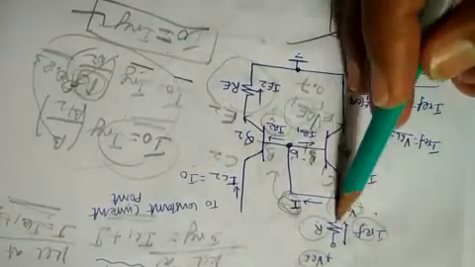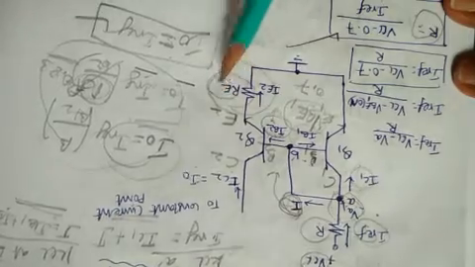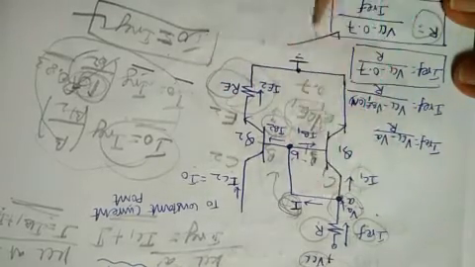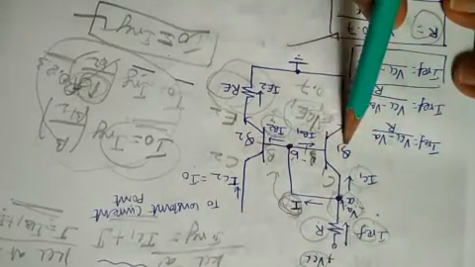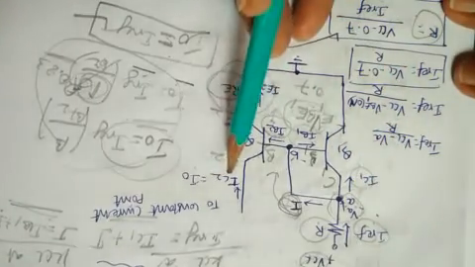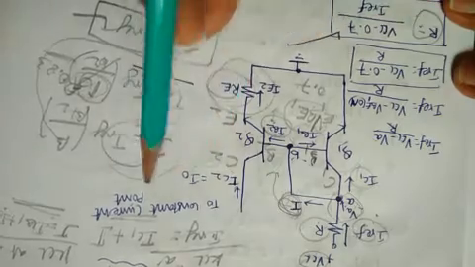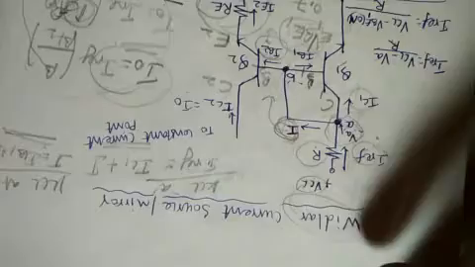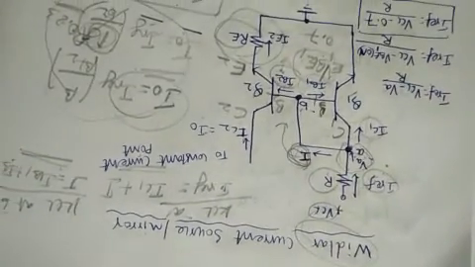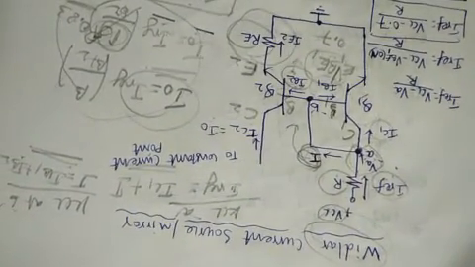And not only R, we have to find RE also. If you are able to find these two resistances, and after choosing proper values, you will be able to generate I reference, process it by Q1 and Q2, and deliver it as I out to the constant current source point as a constant and stable output current. Then only this circuit becomes the Widlar current source or Widlar's constant current source.